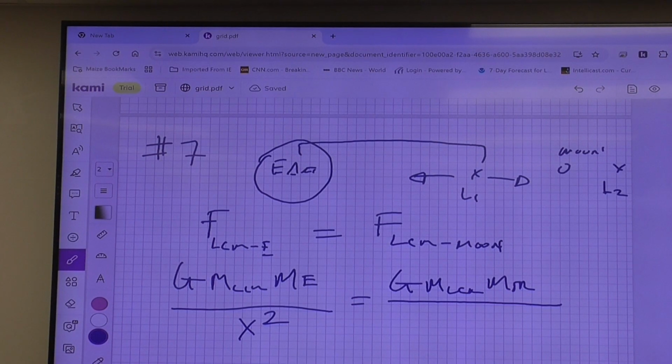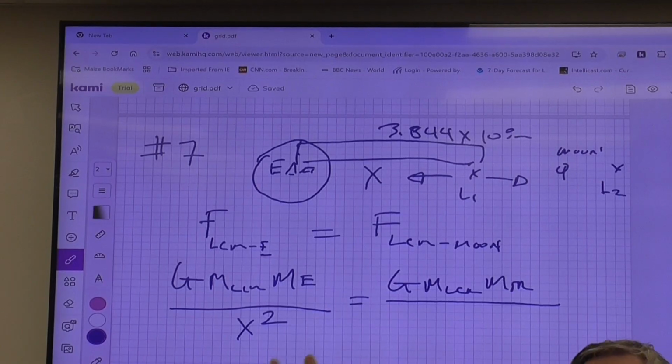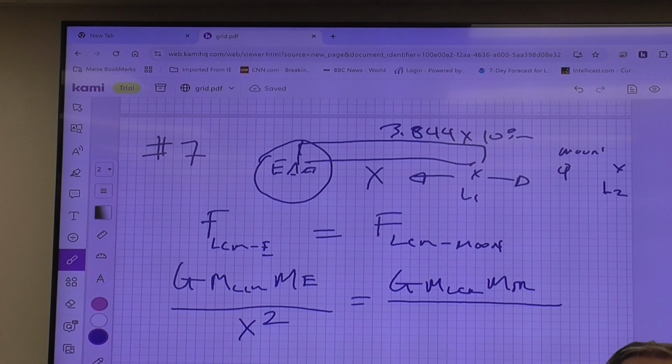So in this problem, I tell you that the distance from the Earth to the moon is 3.844 times 10 to the 8th meters. So that's the distance from the Earth to the moon. So if this distance is x, what's the distance between the Lunar Command Module and the moon?